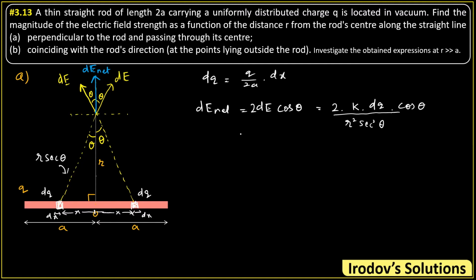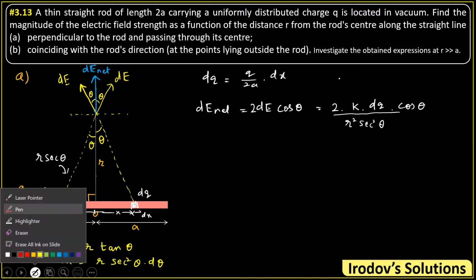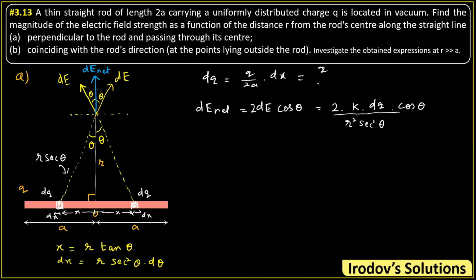And I want to write everything in terms of the angle. So you see that here x is equal to r tan theta. So dx we can write as r sec square theta d theta. So here I can write q by 2a is already there, and in place of dx, I am writing r sec square theta d theta. So I am going to put the value of dq here.